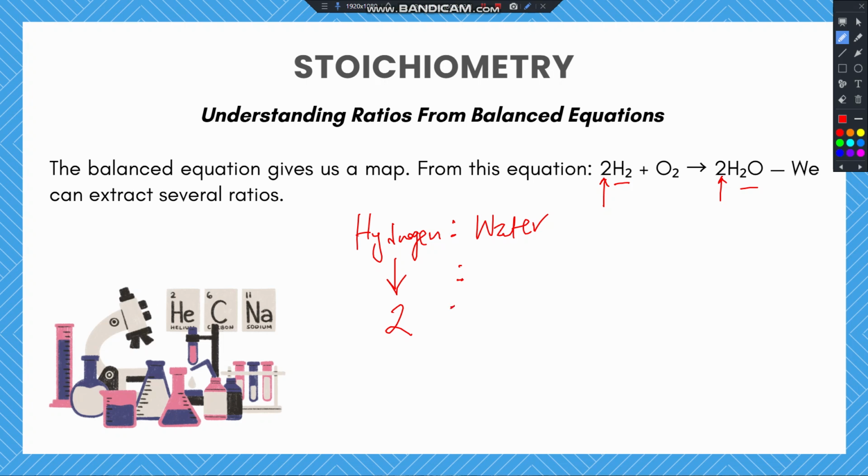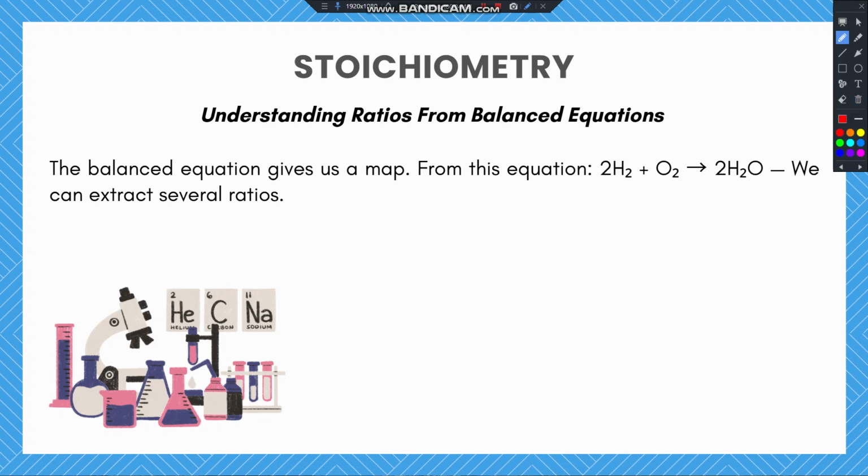So it becomes 2:2. What this simply means is that 2 moles of hydrogen produces 2 moles of water. So the mole ratio actually helps you to understand how many moles of a reactant produces a particular number of moles of a product. I trust you're getting it.